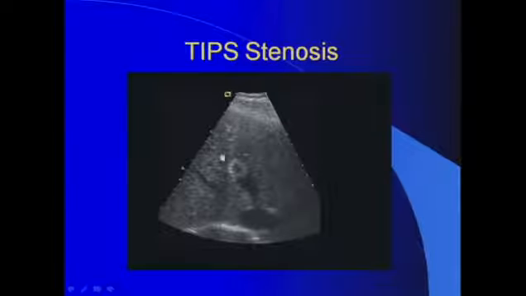A common problem with the TIPS stent is that over time the stents can migrate backwards into the hepatic vein. You would like to have the stent on this subcostal image just coming into the IVC, not really extending further to the back of the IVC, just a little bit here.